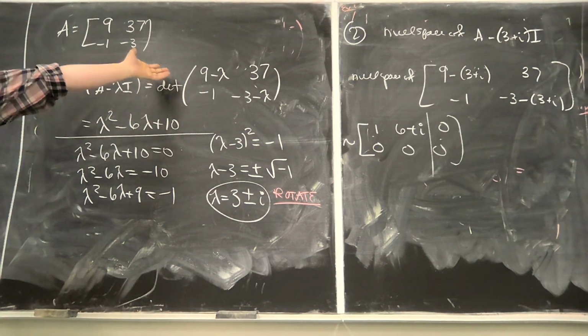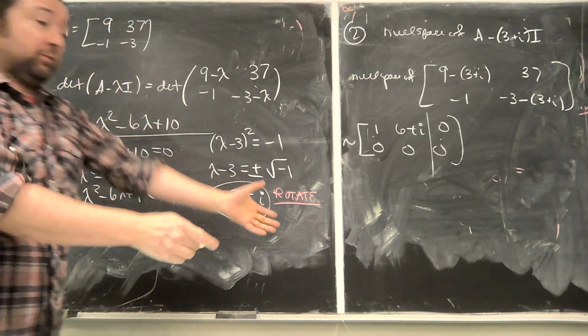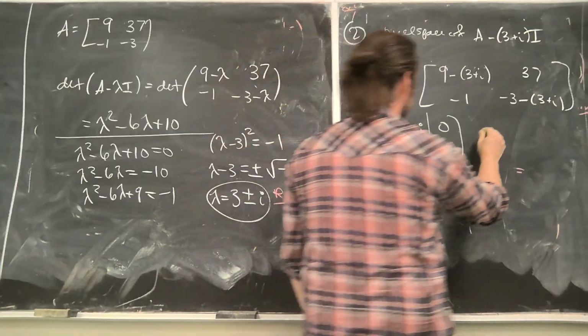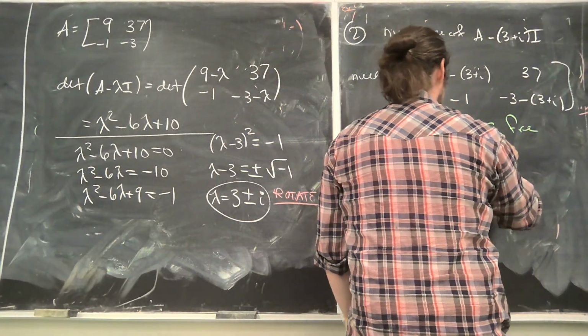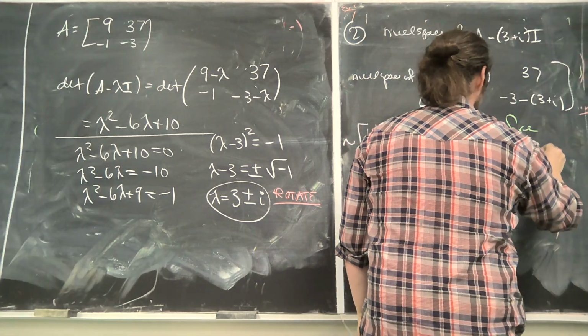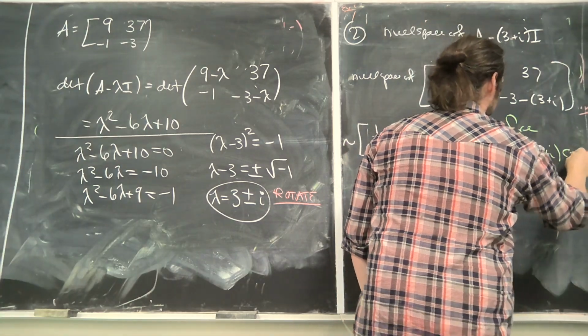Okay, so without being intimidated, what's the free variable here? C2. C2 is free. And the relationship between C1 and C2 is that C1 is equal to negative 6 plus i times C2.